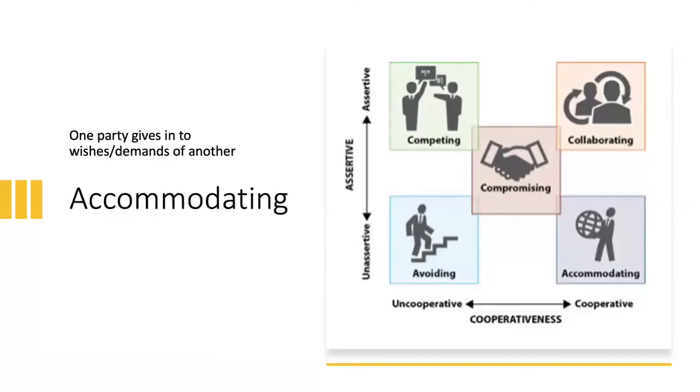The next strategy we have is accommodating, which is high on cooperativeness and low on assertiveness. And this is when one party gives in to the wishes or demands of another. An individual might neglect their own concerns to satisfy the concerns of another person, and there's always an element of self-sacrifice in this strategy.